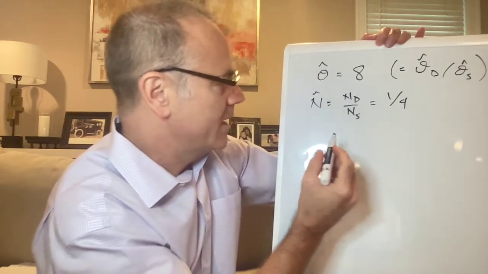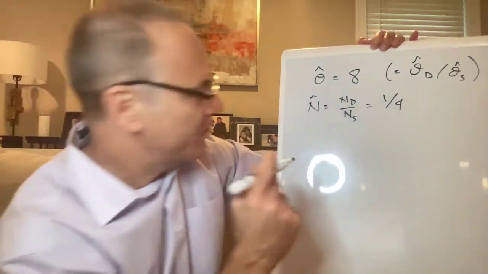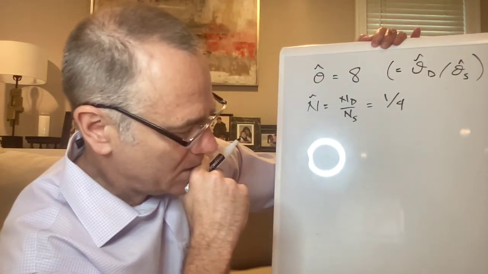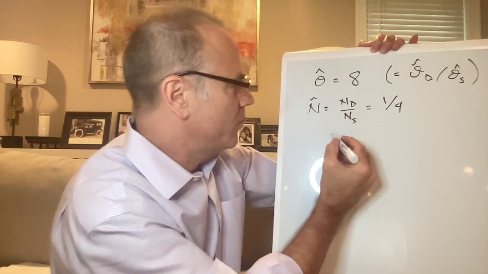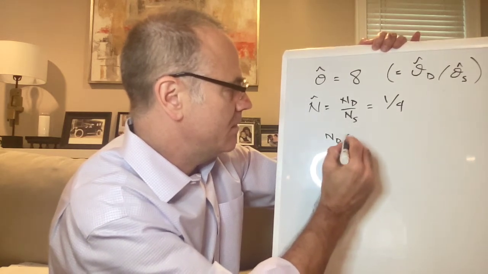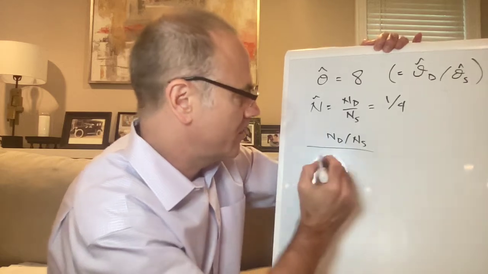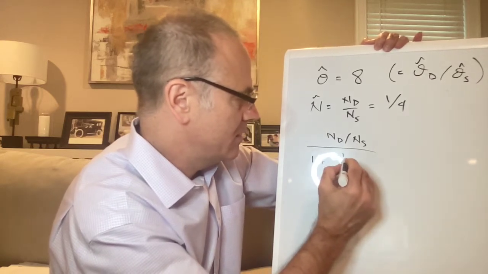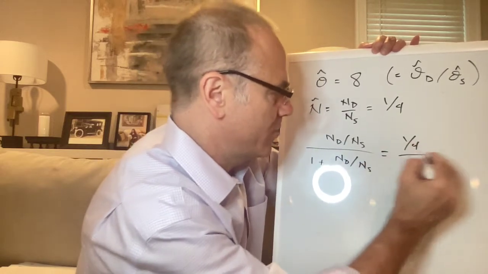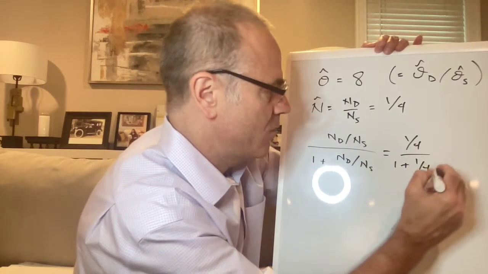1/4. And by the way, if you wrote out nd divided by ns, divided by 1 plus nd divided by ns, that's just equal to 1/4 divided by 1 plus 1/4.